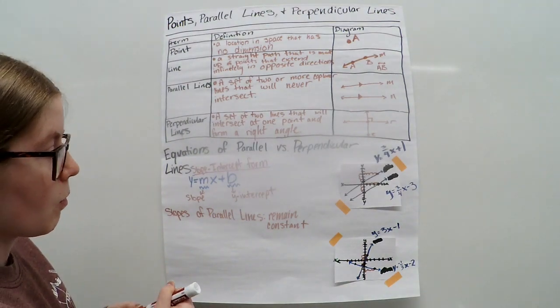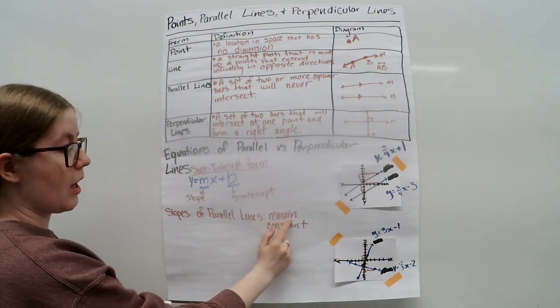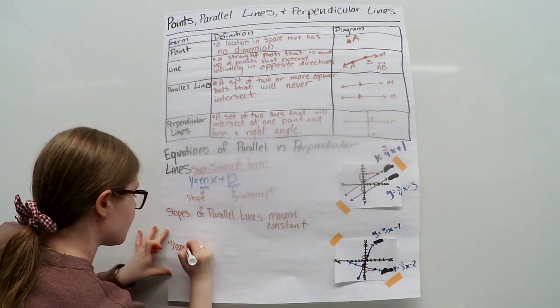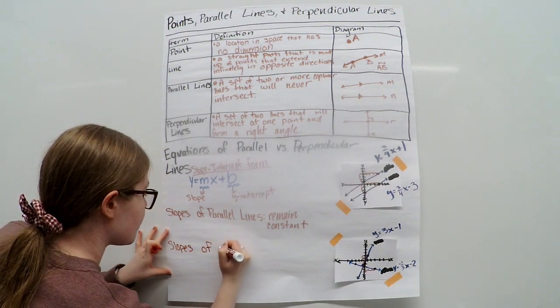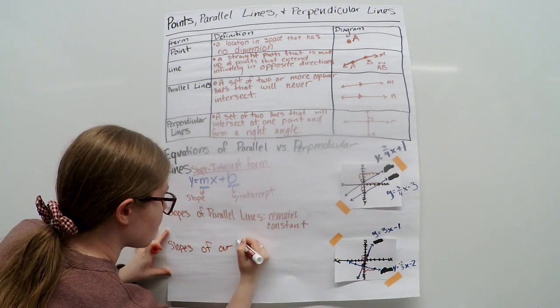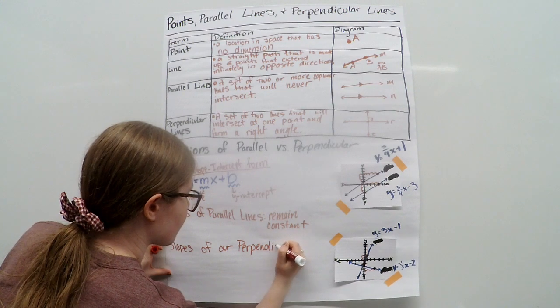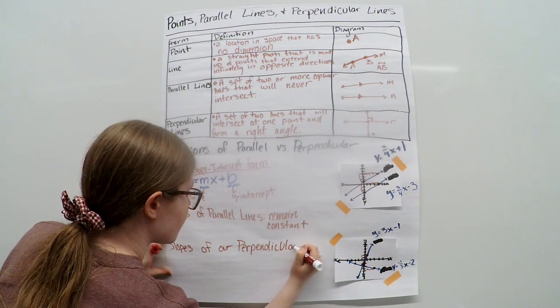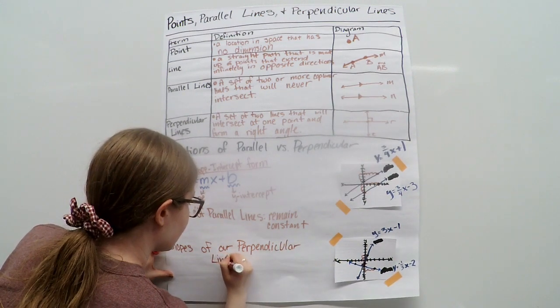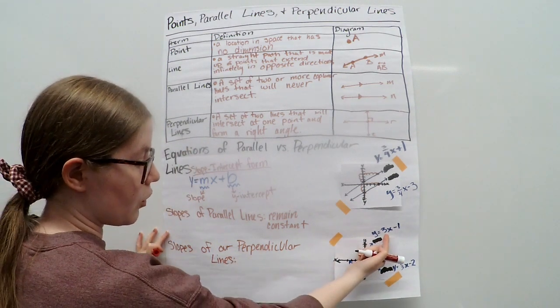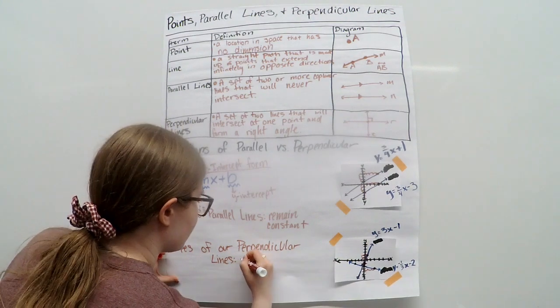So then, if the slopes of our parallel lines remain constant, the slopes of our perpendicular lines will be opposite reciprocals.